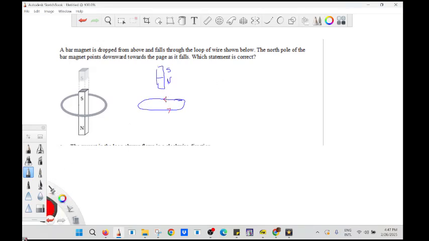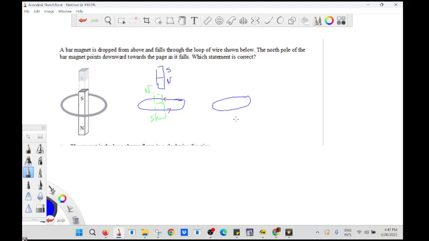You can take your right hand such a way that it will behave like a bar magnet with a north here and a south here, trying to stop it, right? It doesn't want the magnetic field to increase, the flux to increase, the number of lines going through to increase.